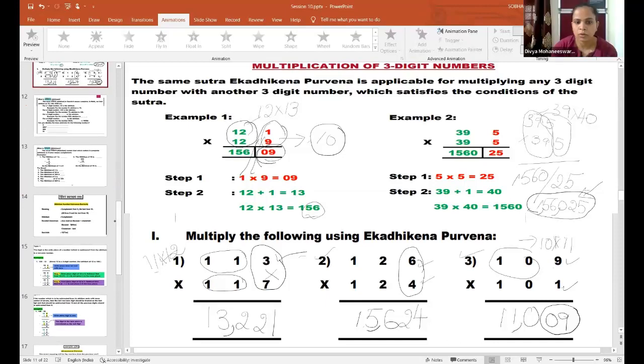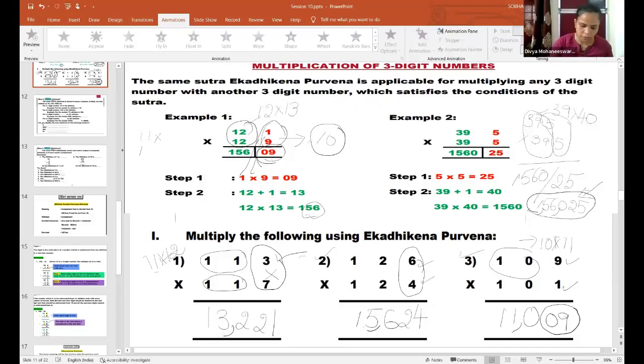Ma'am, I have a doubt. If it is for two numbers, but if we have three numbers like 11, 12 and 17, and we have to multiply those three numbers, will this hold for that also? The ones digits add up to 10 and the tens digit is the same for those three numbers. What is that number you're saying?